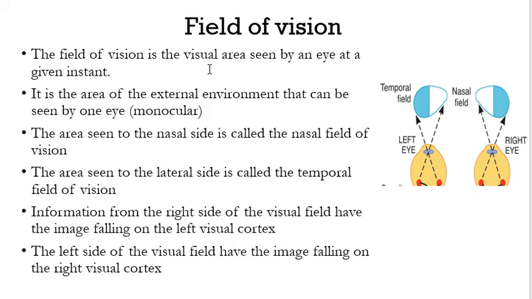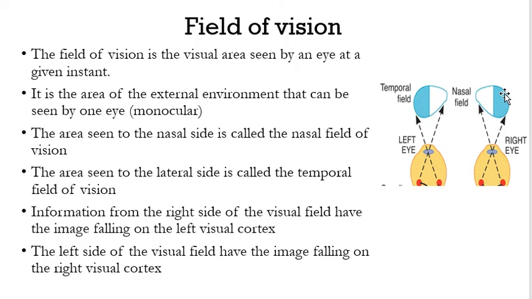If we look at our right side, let's typically look at the right eye. You have two fields of vision. You have one that is coming from the temporal side. Now, the temporal side is the side of the ear, and when I say nasal, it's the side of the nose.